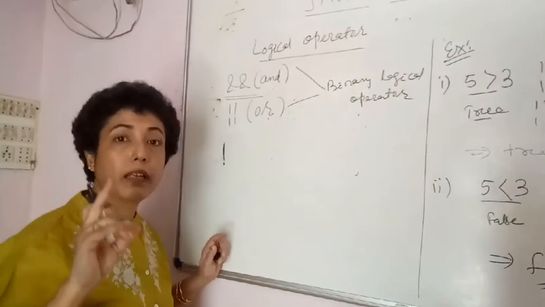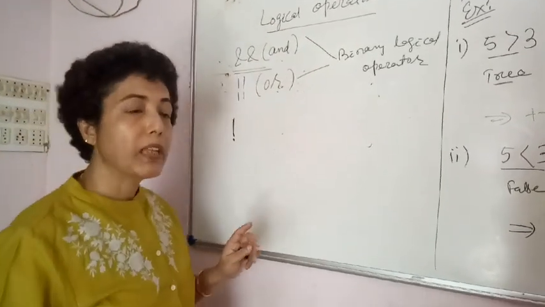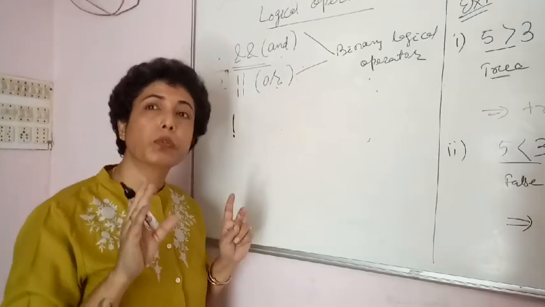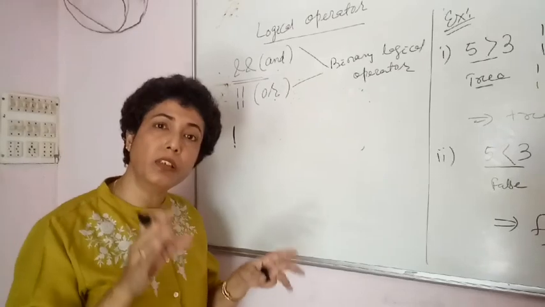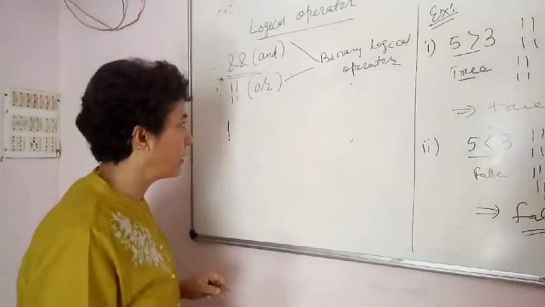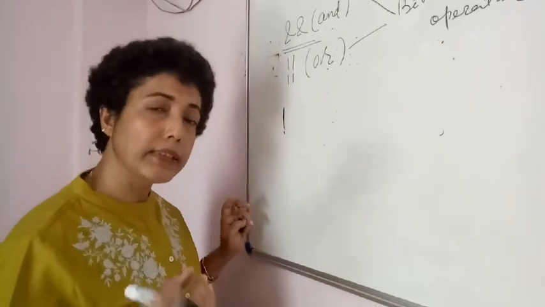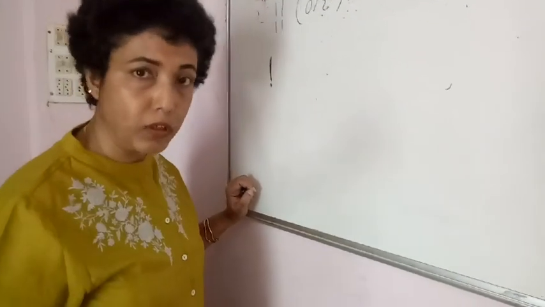Now this is a unary operator because it takes one operand, or one expression, and that expression can be either a relational expression or a logical expression. The answer is also in the form of true or false.